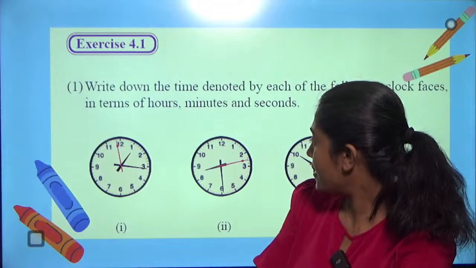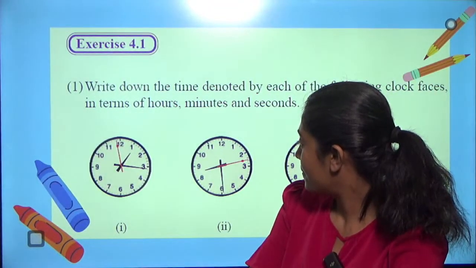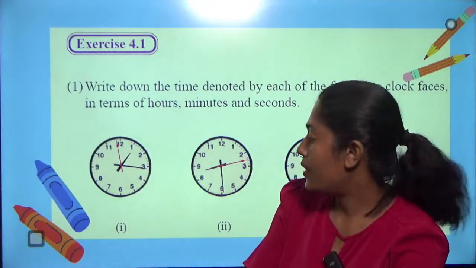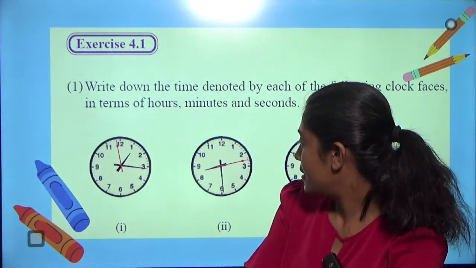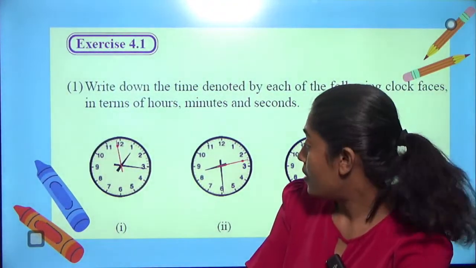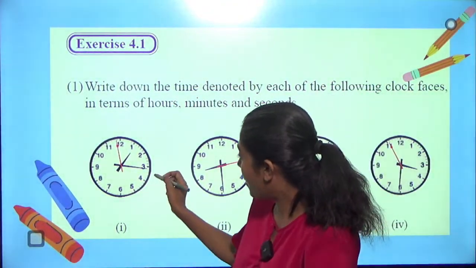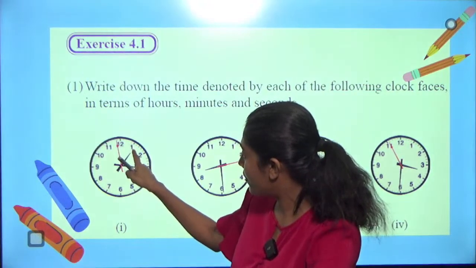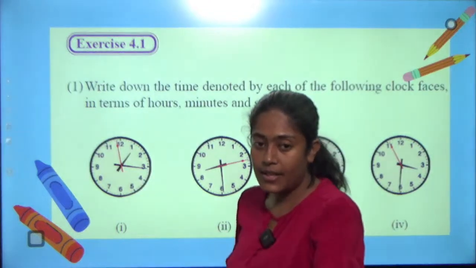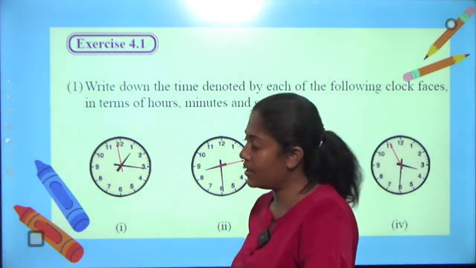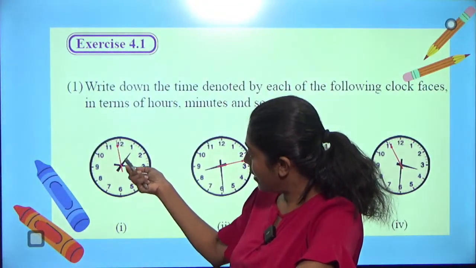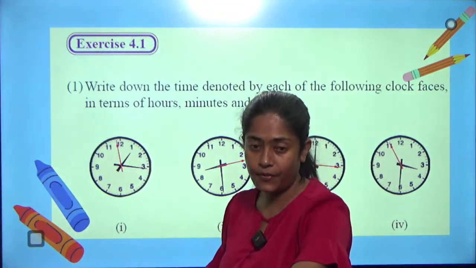So how can we say the time? 1 past, not 3. Here you have to count 5 by 5, no? 5, then 10, here 15. After that the next line segment, that means 16. Then 1:16 and how many seconds? 59 seconds.